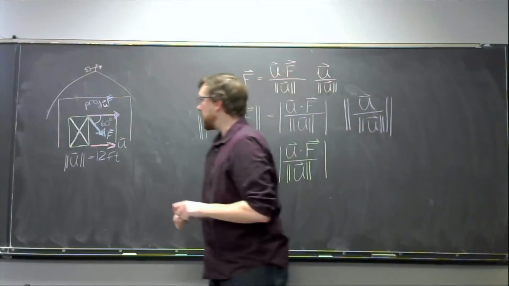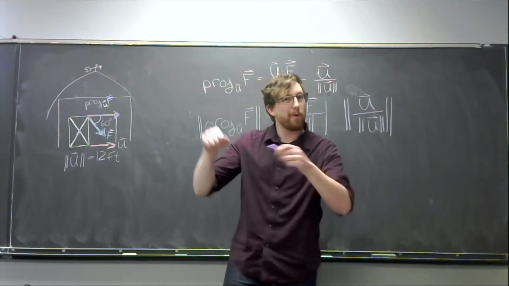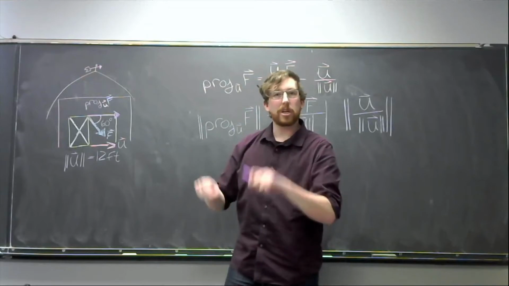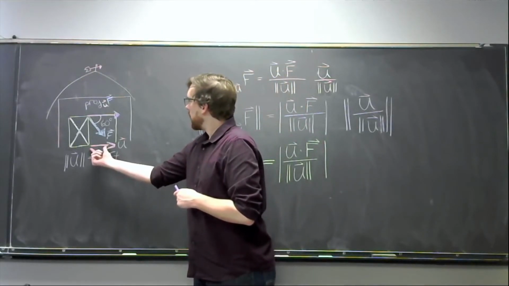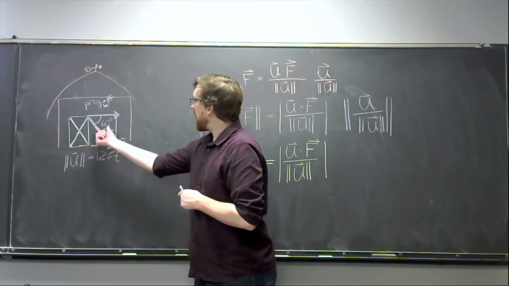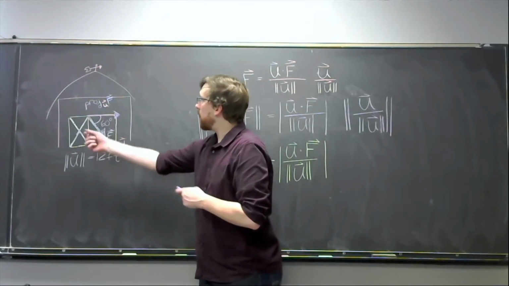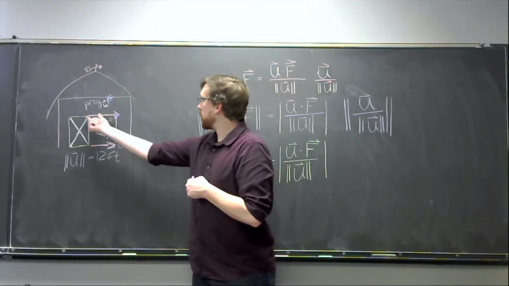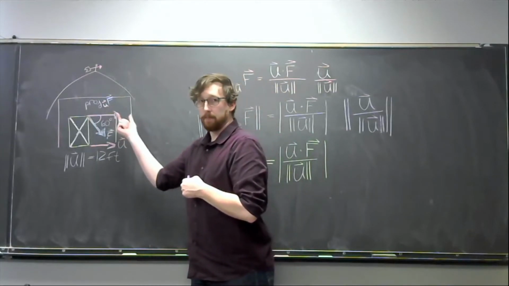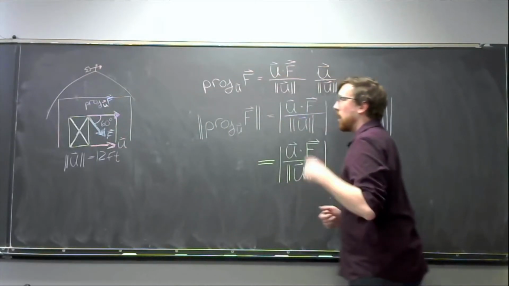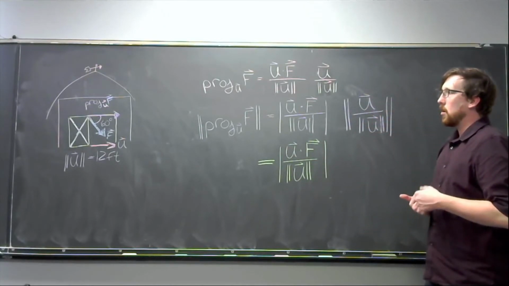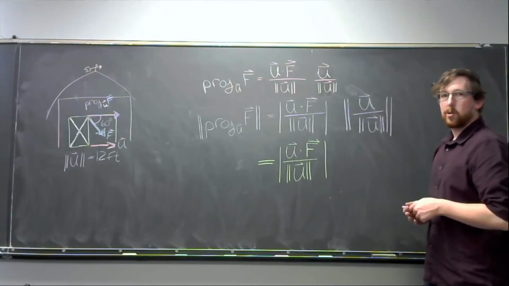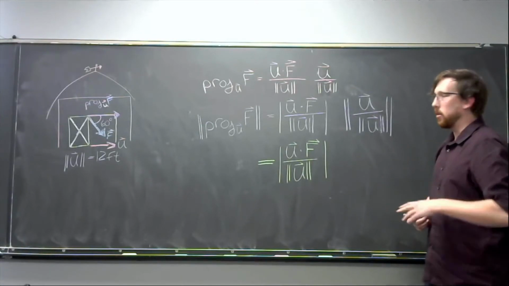Well, notice these are vectors, so we can move them around. So long as we don't change their direction, we can move them around anywhere. So notice that what we've got is the force F along that rope projecting along the top of the door, right? And we want to know the work done here. Well, we know he walked 12 feet. That's the magnitude.